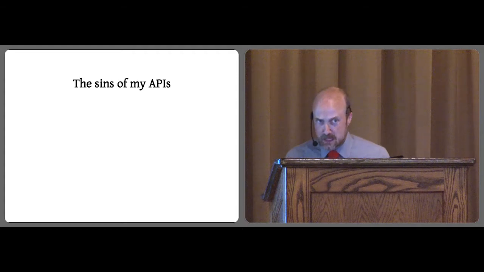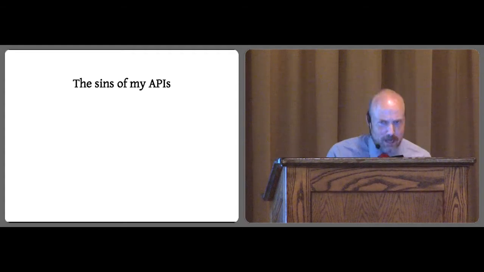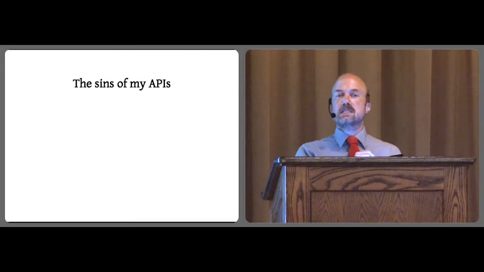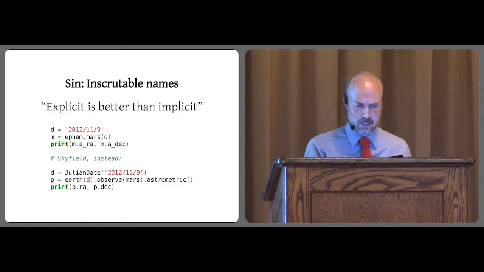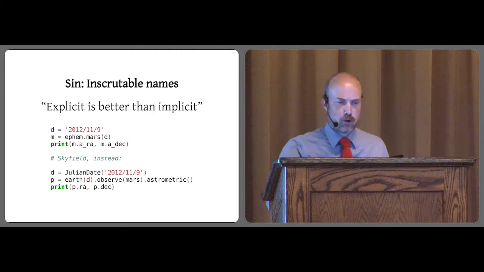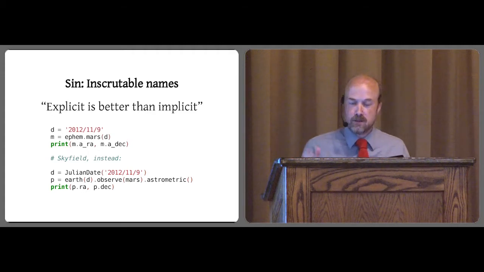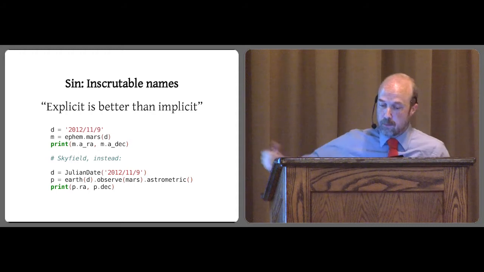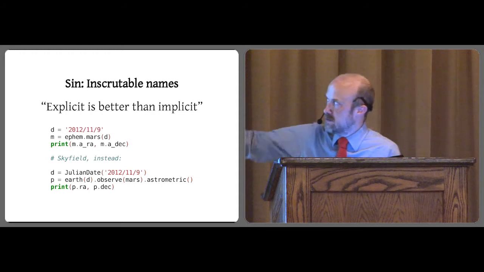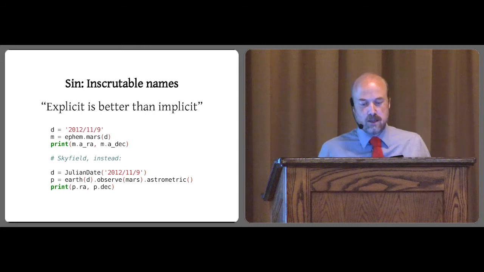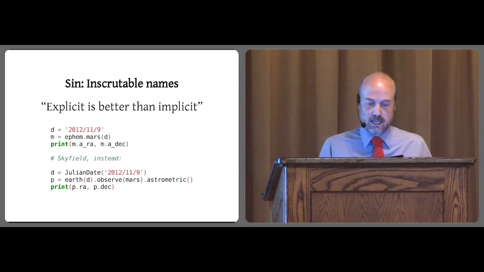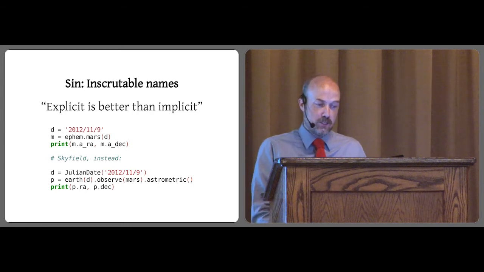As I've been doing this, I've had to look straight in the face of the mistakes I made when writing PyEphem. What are some of the sins of my older APIs? First, inscrutable names. You heard me talk about this if you were at PyCon back in March. I did a talk on naming. But briefly, who, looking at this first piece of code, would guess that you are getting the astrometric right ascension and declination off of the Mars object?